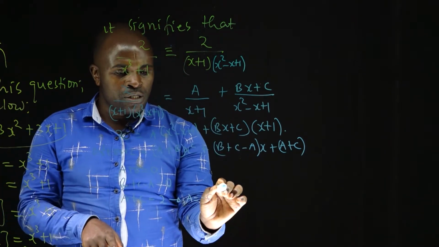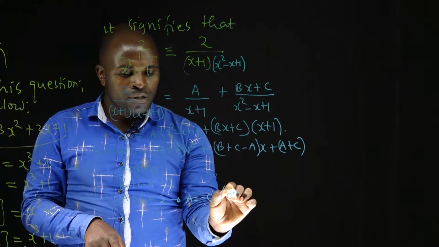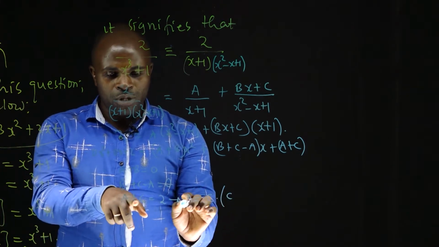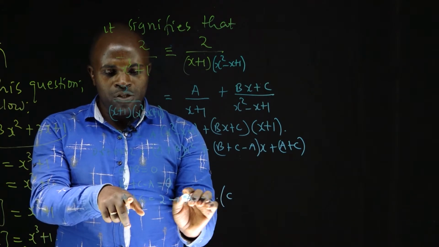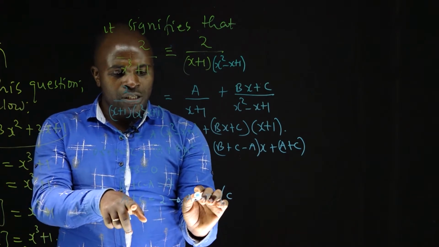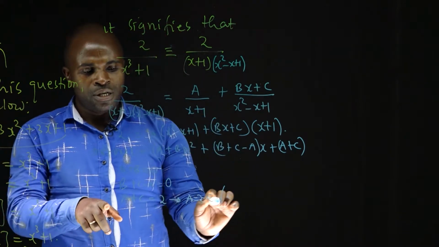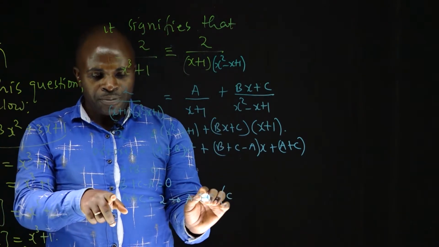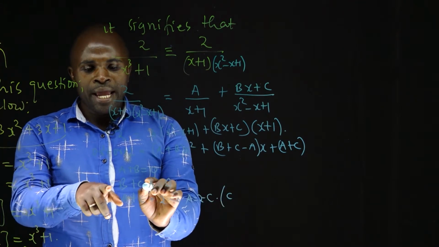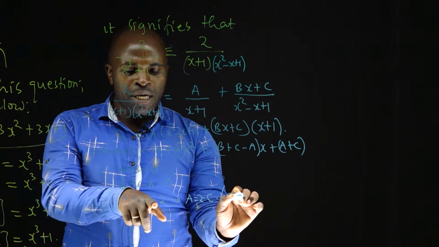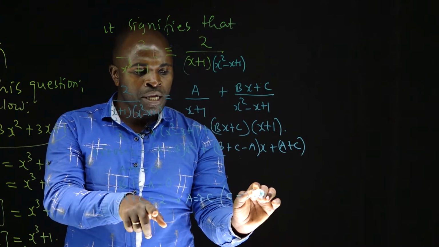Or we can simply say, what is this? This was supposed to be 2, please. So a equals 2 minus c. That is what we mean here. So we can make c the subject, becoming 2 minus a.